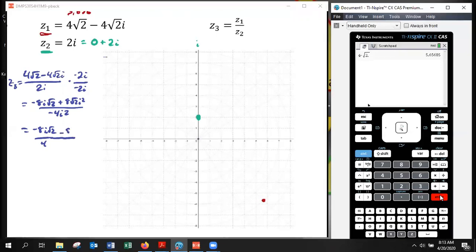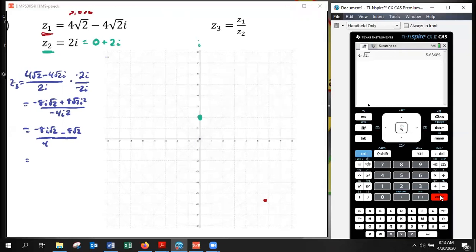And then it's -8 square root of 2 over that +4, and then we'll flip it around so we can get it into a plus bi form. Also simplify: -2 square root of 2 minus 2i square root of 2. Let me clean that up a little bit. So -2 square root of 2 minus 2i square root of 2.